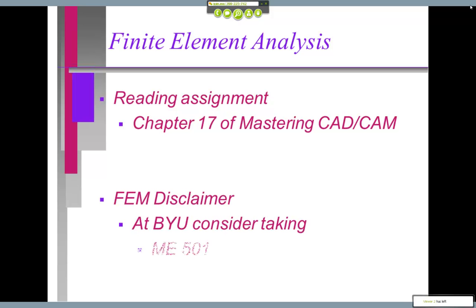For students here at BYU, if you wanted an in-depth background on finite elements, you would want to consider taking the ME 501 and ME 506 courses. They both are excellent classes.